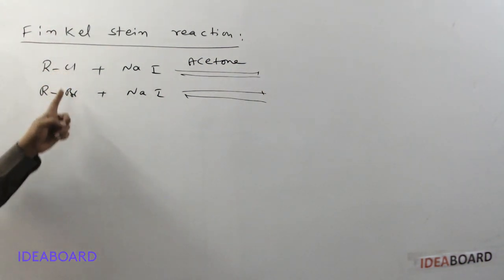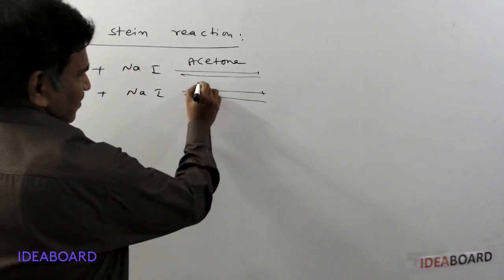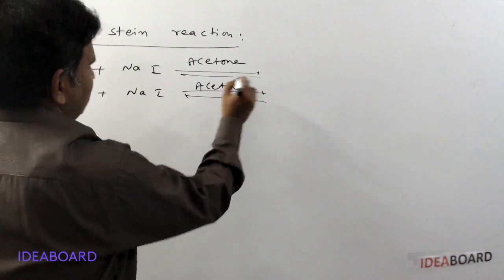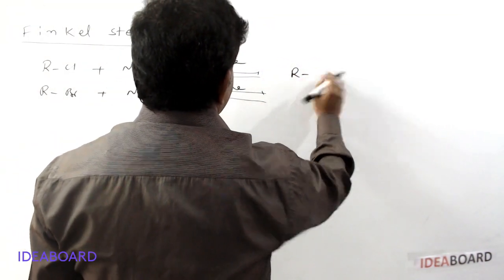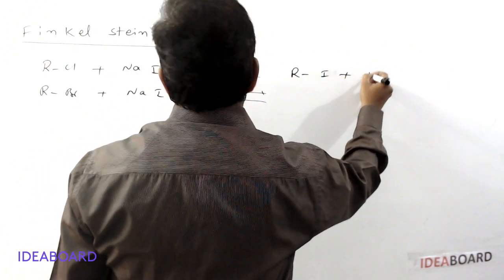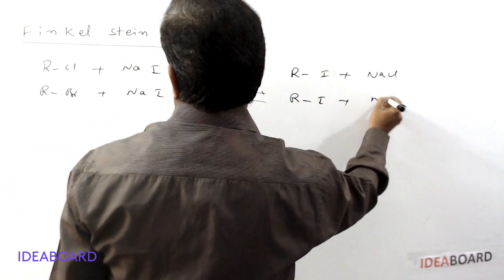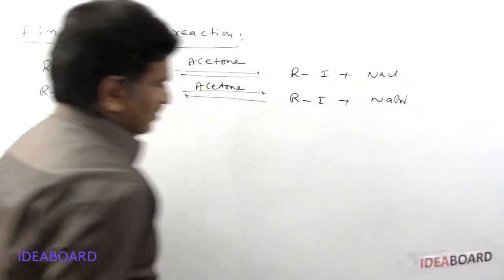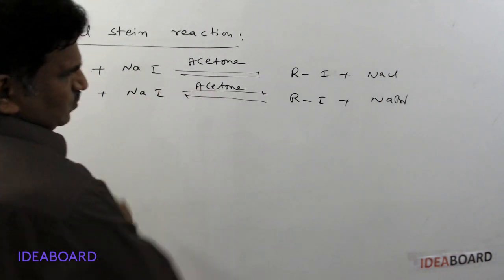So alkyl chlorides and alkyl bromides react with sodium iodide in the presence of acetone, and they give the products, that is alkyl iodide plus NaCl and alkyl iodide plus NaBr. Here this is a reversible reaction, but the solvent is acetone.